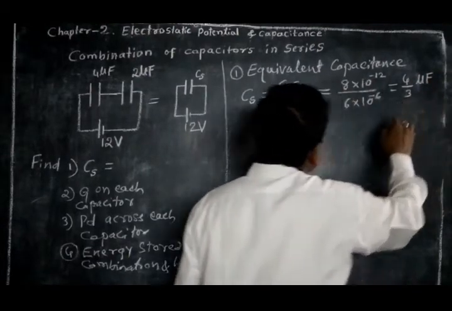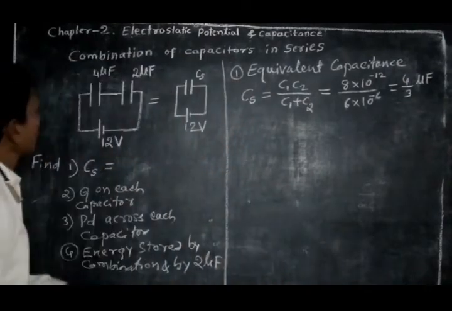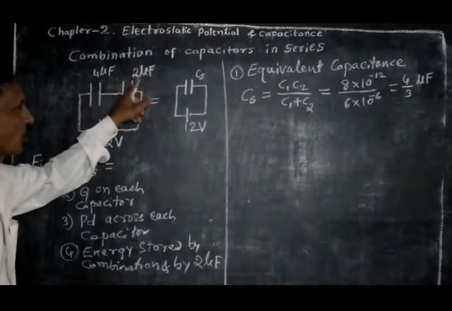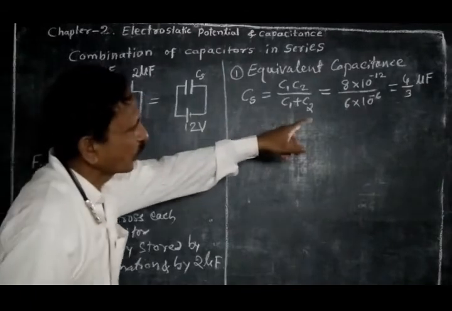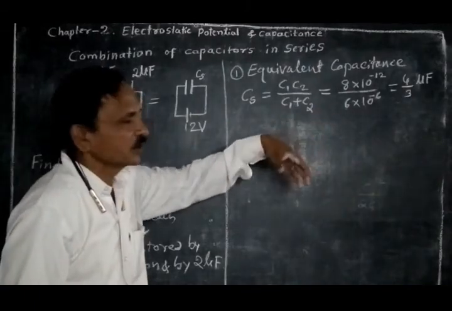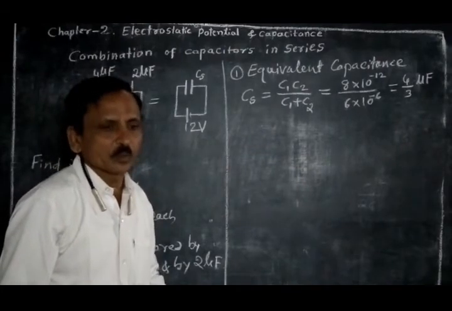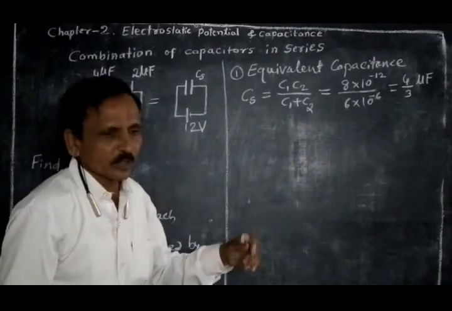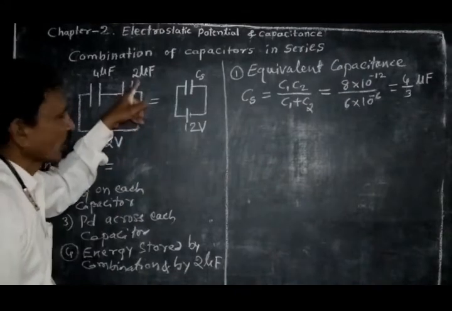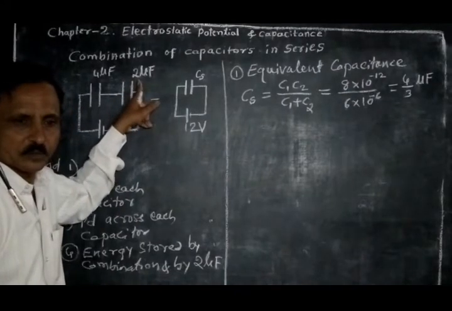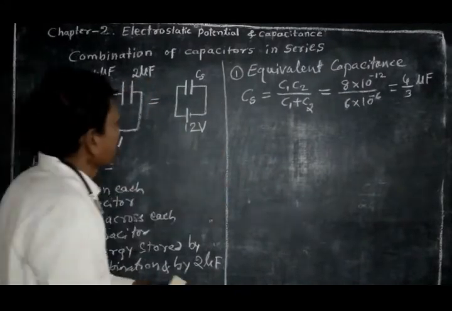Therefore, equivalent capacitance of two capacitors 4 microfarad and 2 microfarad is 4 upon 3 microfarad, that is equal to 1.33 microfarad, and it is less than smallest value of capacitance. Clear?